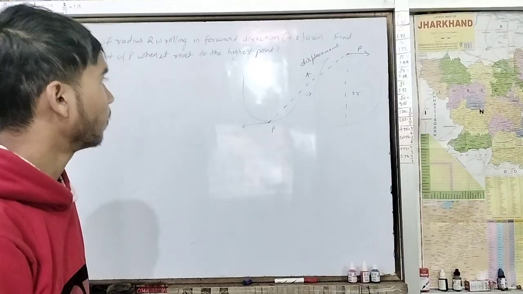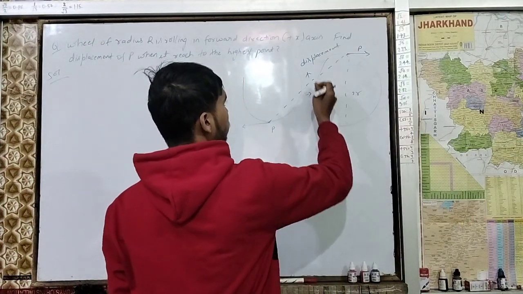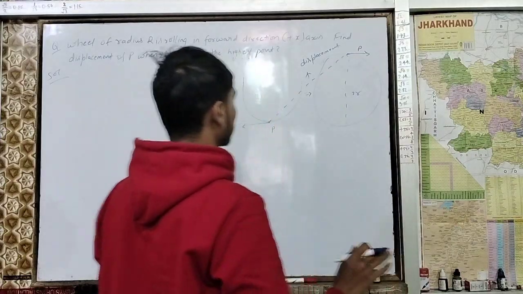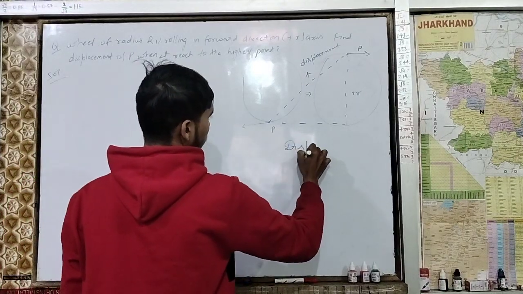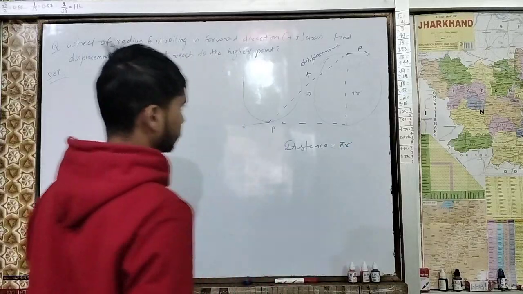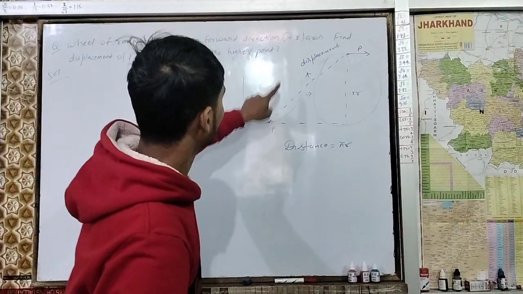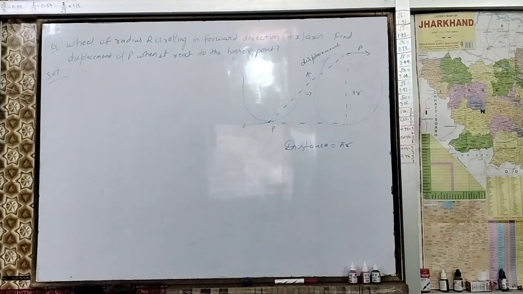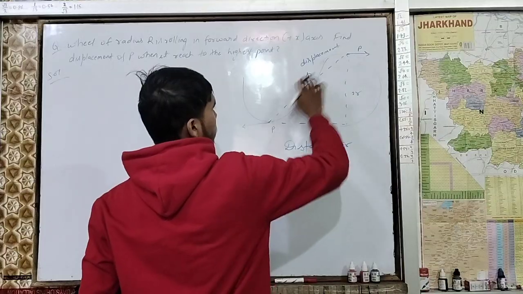But when it comes to distance, this half circle will be our distance, which is pi r, only pi r, half circle, from here to till here. It is not asking for this 2r, it is asking for the displacement.